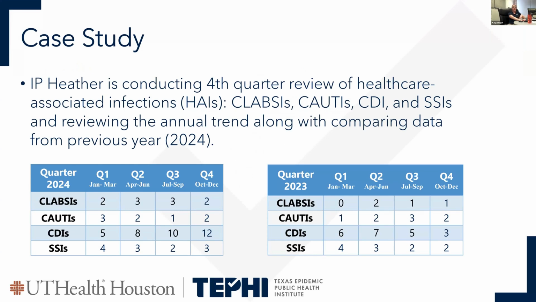So IP Heather is conducting a fourth quarter review of healthcare associated infections, or HAIs. So we're looking at all of our HAIs, our CLABSIs, our CAUTIs, our C. diffs, and our surgical site infections, our SSIs. And we are looking at our annual trend. We're comparing our previous year of 2023 to this past year of 2024.